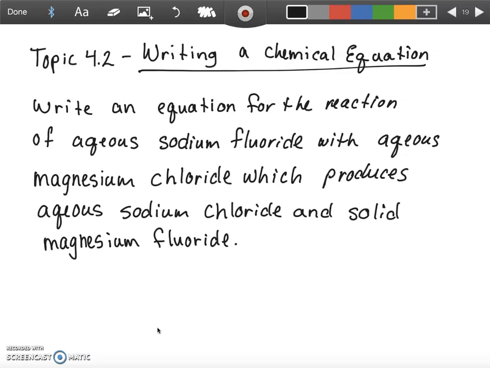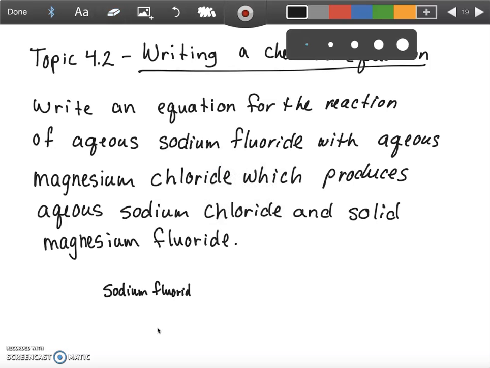So let's go ahead and begin by writing this equation. We'll start with the arrow, which separates our reactants from our products. And the first reactant that it listed was sodium fluoride. I'm gonna need some more room. And it said it was aqueous.